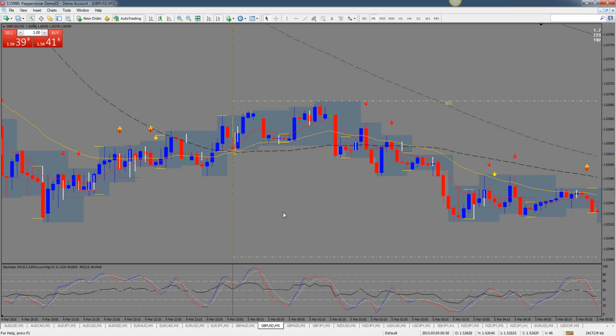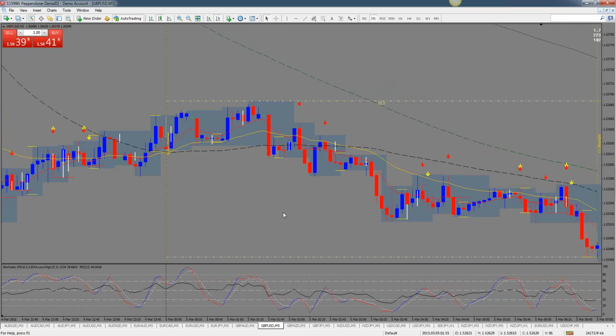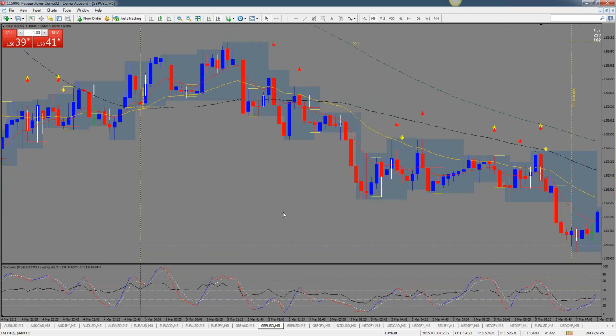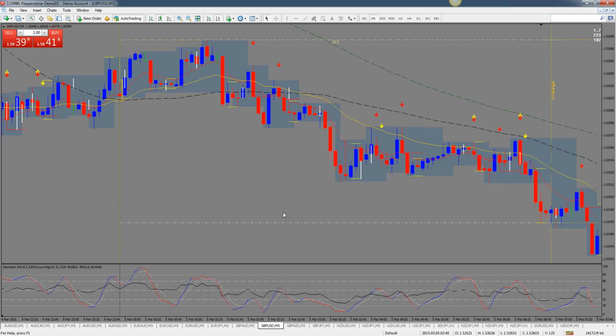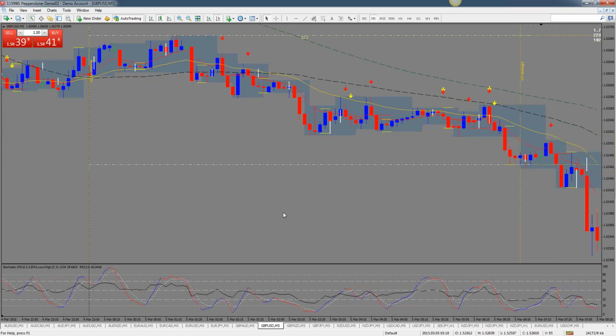All right, so New York midnight. We don't trade it. But even if you did trade, you could see here, even though it took some time, the perfect order trades were good.